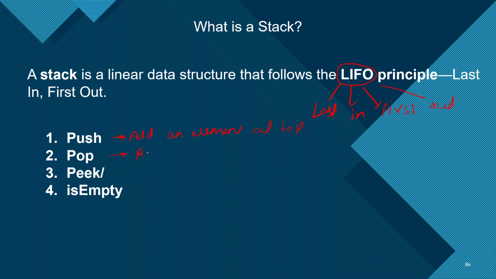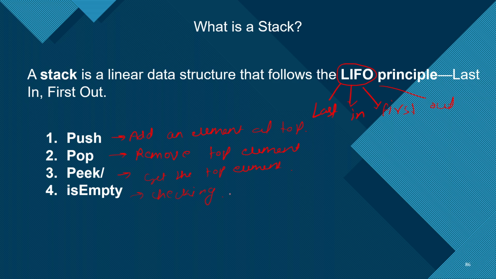Pop means removing the top element from the stack. Then the next one is peek, or we can say top. It gets the top element without removing it. And isEmpty basically checks whether the stack is empty or not.